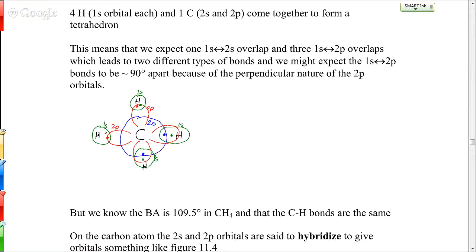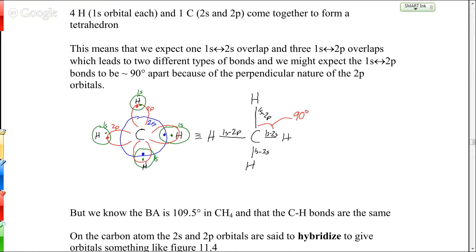Hopefully what you can see from that is not the correct picture of a methane molecule. If we go back to our normal lines for bonds, what we've said is that this means that there is going to be 2 long bonds from the 1s to 2p interaction, because 2p's are further away. 2 shorter bonds from the 1s to 2s, and all the bond angles are 90 degrees because the orbitals in the molecule are all orthogonal to each other.